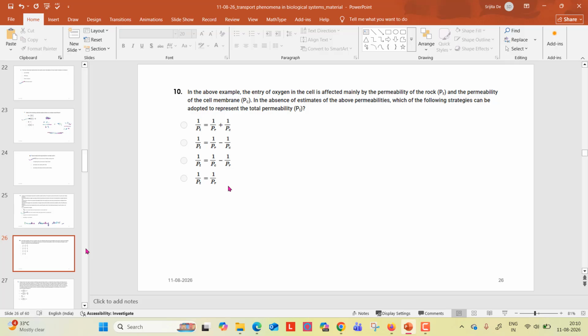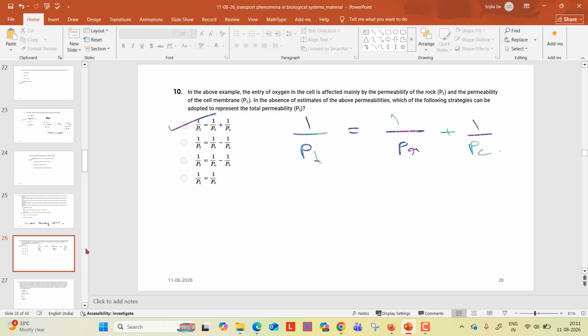So, the permeability of the rock and the permeability of the cell membrane are serially connected if you think. So total permeability will be 1/PT equals 1/PR plus 1/PC, right? So it is option A.